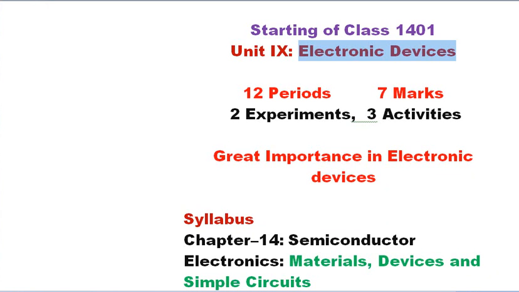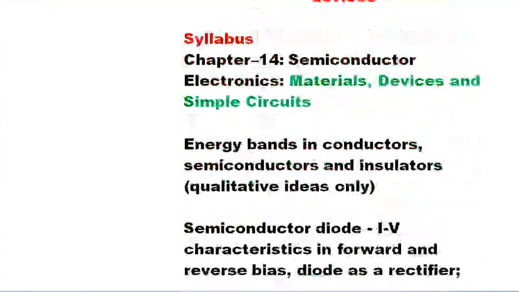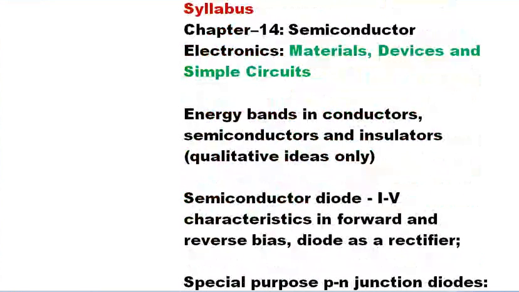Dear students, as usual, first of all, we want to share the syllabus. What syllabus do we cover in this particular chapter? The chapter name according to NCERT is Semiconductors. Here we would like to study about electronics. What is electronics? Then materials, devices and simple circuits.